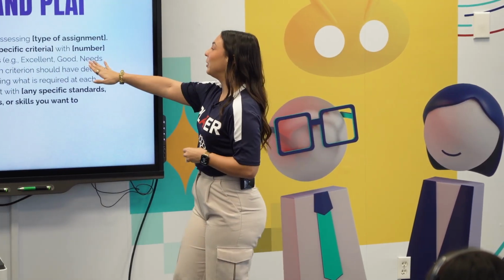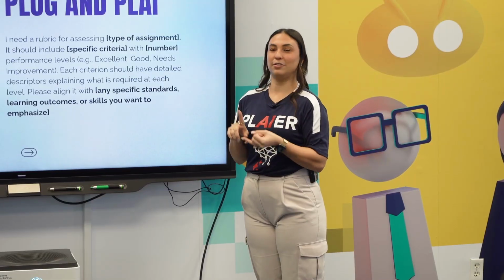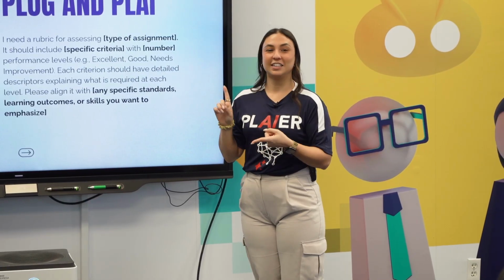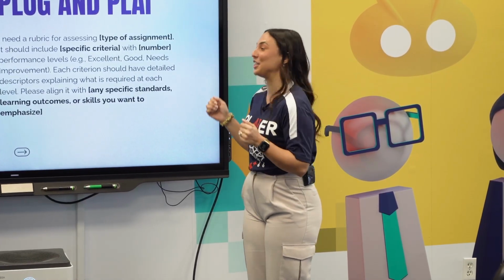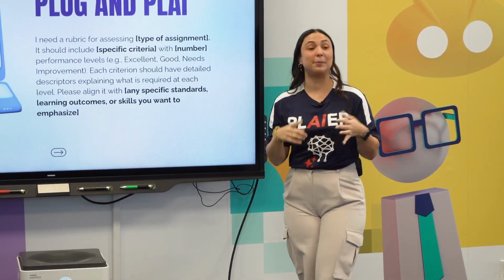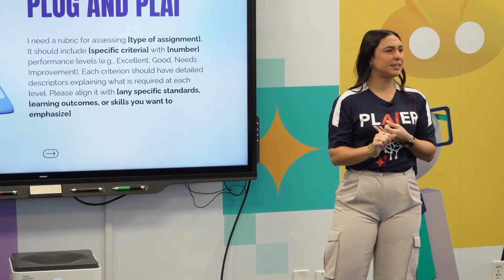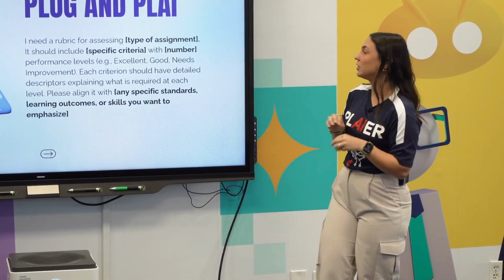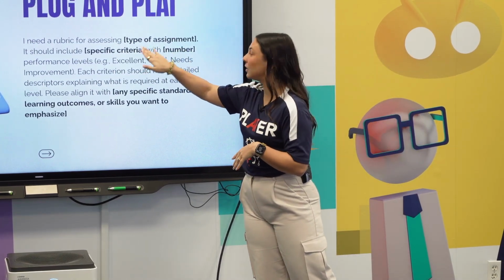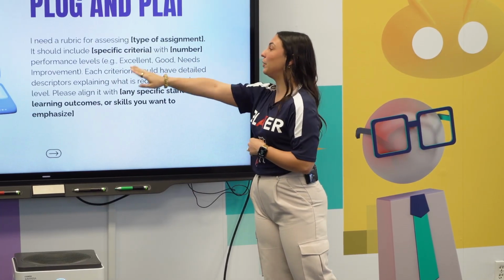So I need a rubric for assessing any type of assignment, discussion, oral presentation, essay, any other assignment. It should include specific criteria. So this is where you can put content relevance, grammar, APA citations, anything that you want to be graded can be put here with however many numbers of performance levels.